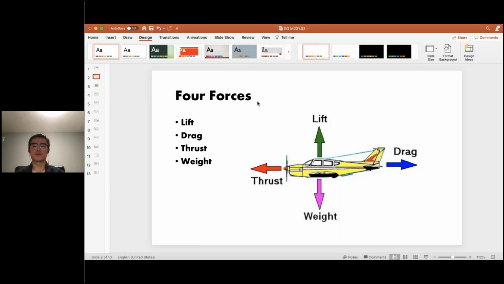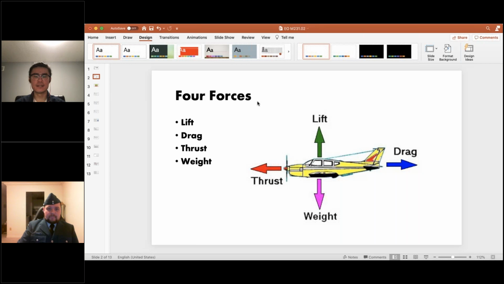Thrust is essentially the force that's making you go forward. Drag opposes thrust, and it slows you down in terms of going forward, and you need more lift than you have weight to be able to cancel out that weight and be able to actually gain altitude.